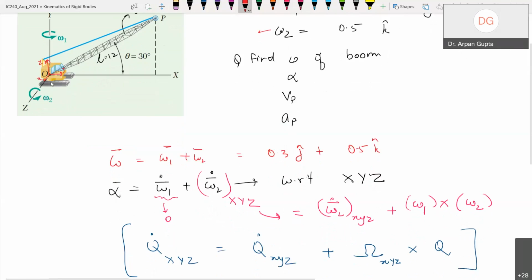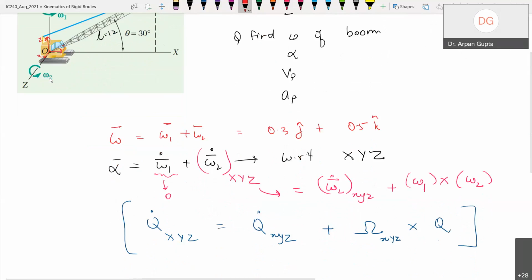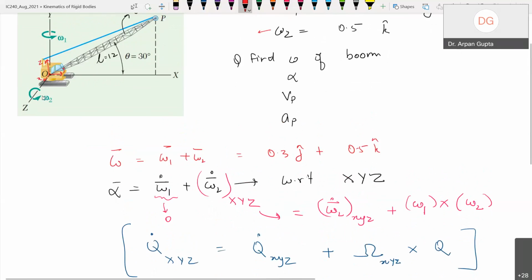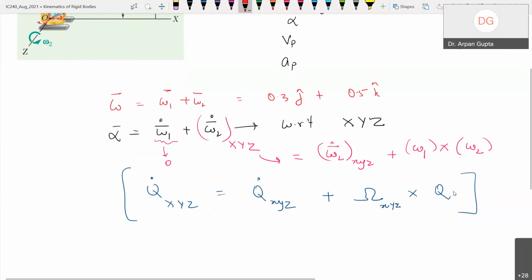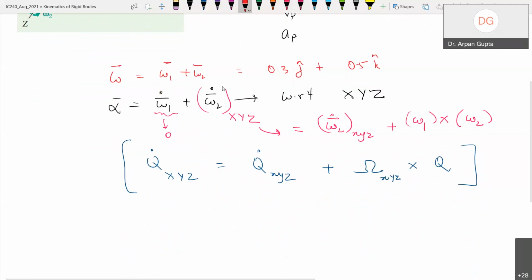And from there we are observing the rate of change of omega 2, right? So Q becomes your omega 2, and therefore omega 2 dot with respect to capital XYZ is equal to omega 2 dot with respect to this frame, and this is 0, because this is constant. But now we have this extra term here, omega 1 cross omega 2.